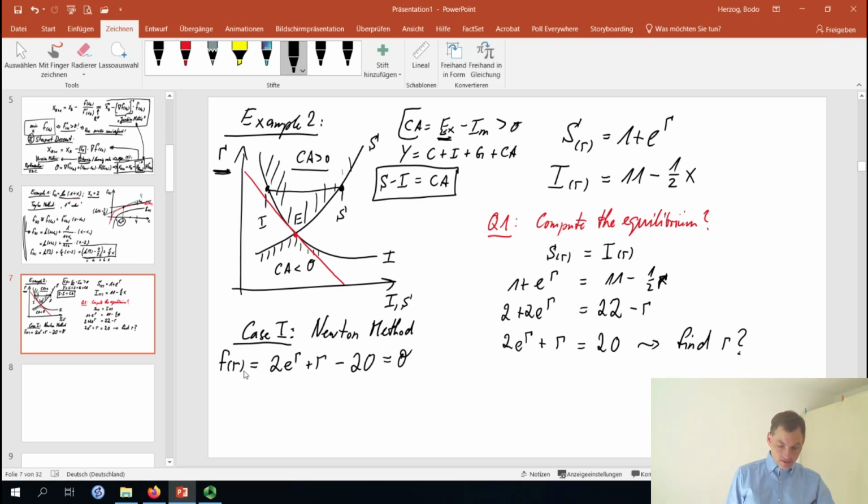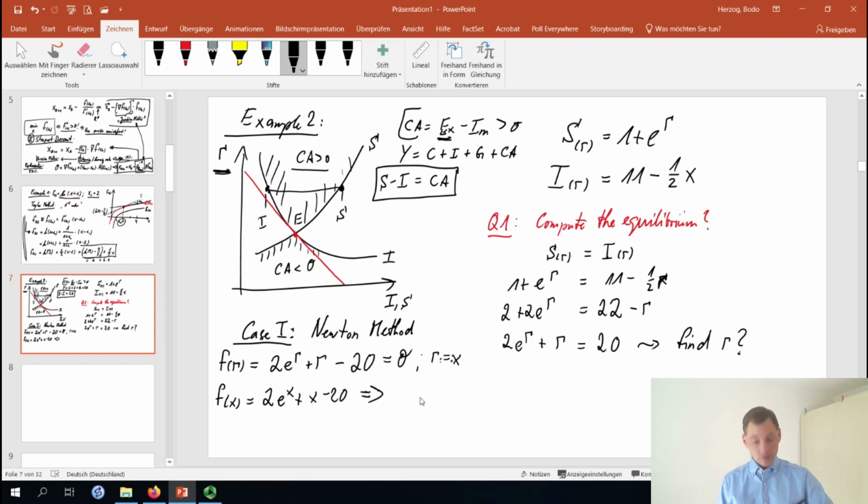In order to use the same terminology, let's relabel r by x. Then we would have a function f of x, which is 2 e to the x plus x minus 20. And now we apply Newton's method.